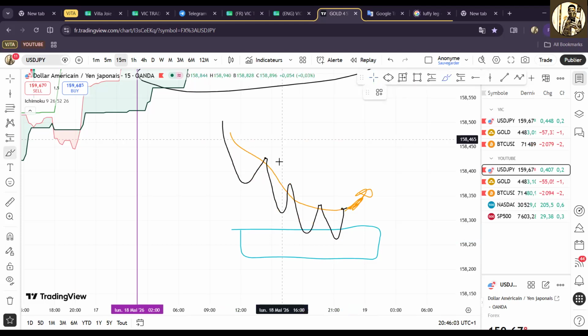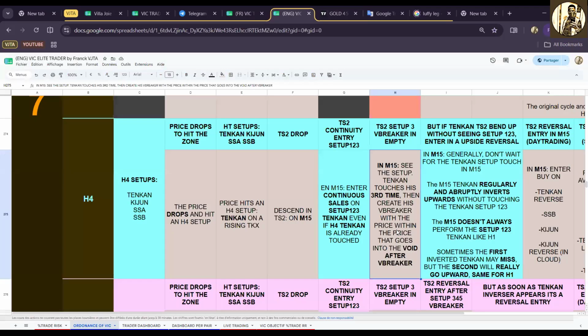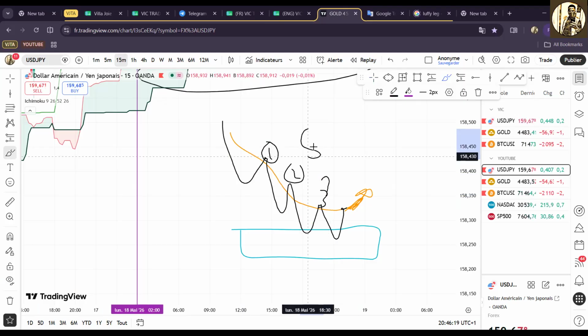So you have one touch, second touch, third touch. What I mean here is that you can start buying this price. First of all, you sell each time you touch the Tenkan, the first time, the second time, and the third time, because those are sales continuity to the downside. But the buys start after the V breaker of the third touch here. This part of the chart, you can start buying.